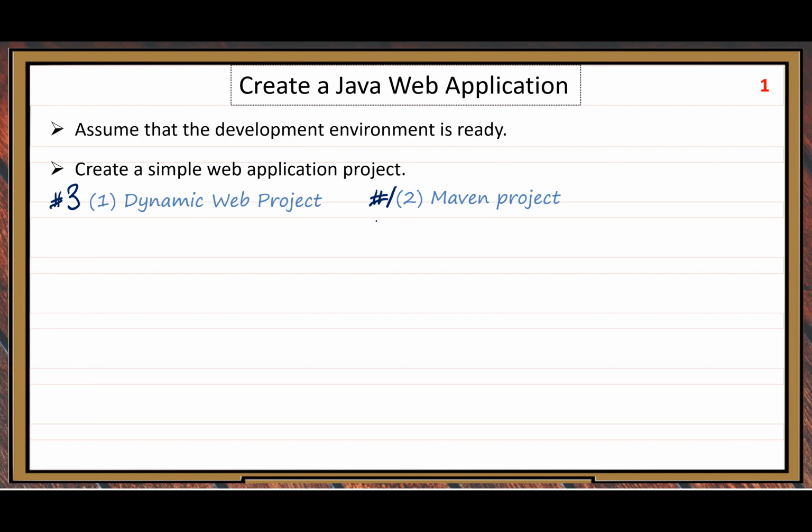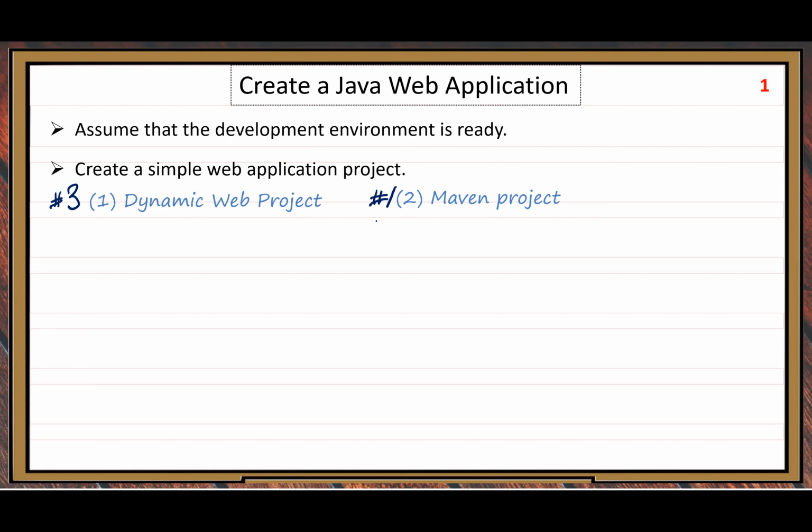When you learned Unix, you learned some build tool, the makefile, right? Think about that. With a makefile in a C++ project, you use the makefile to build the project. In Java, the role of Maven is similar to that makefile. But here we use Maven to build our web projects.